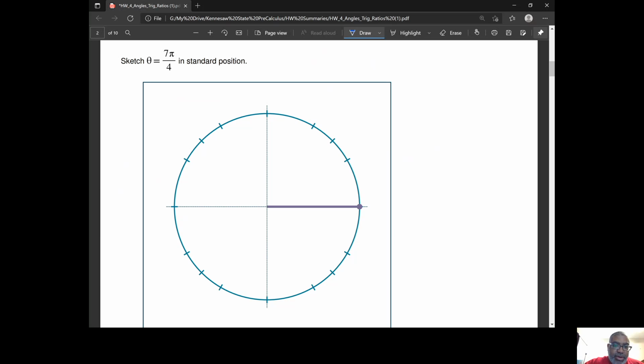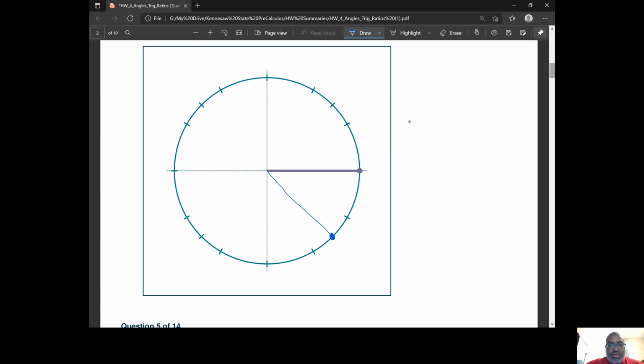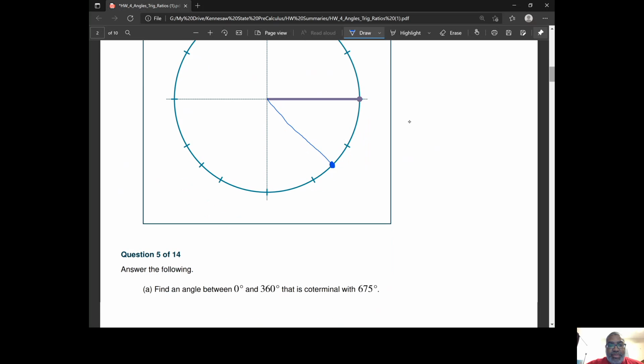This is 1 pi over 4, 2 pi over 4, 3, 4, 5, 6, 7 pi over 4 is right here. That's at this location right here. Pretty, that's not bad.